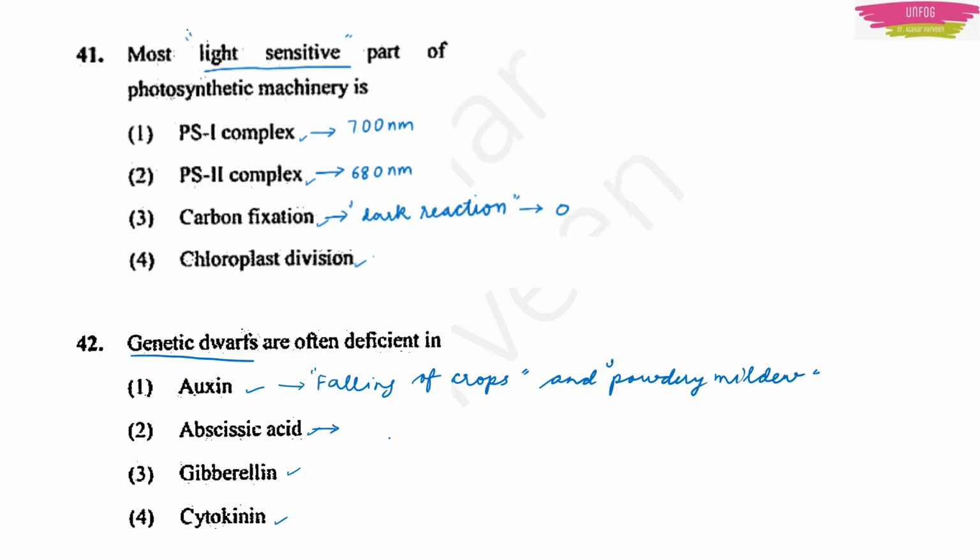This seed dormancy is necessary because it helps the seeds overcome the periods that are unfavorable for seedlings, and it also helps in dispersal of seeds through unfavorable environment. So the deficiency of abscisic acid causes reduced seed dormancy.